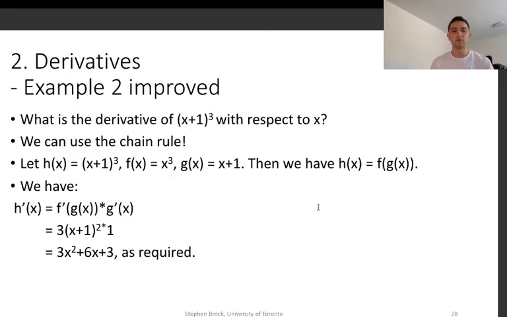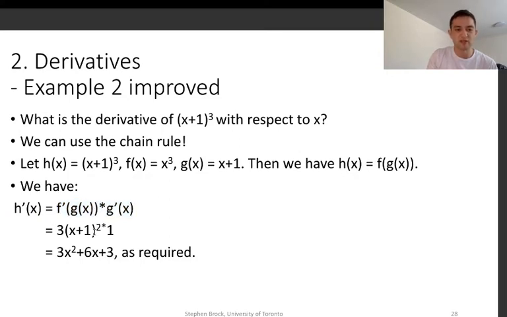All right, so now that we know about this chain rule, let's tackle example 2 again, but using the chain rule. So what is the derivative of x plus 1 cubed with respect to x? We can use the chain rule. If we let h of x equal x plus 1 cubed, f of x equal x cubed, and g of x equal x plus 1, then we have our form that we need. h of x equals f of g of x, and we can use our formula h prime of x equals f prime of g of x times g prime of x.